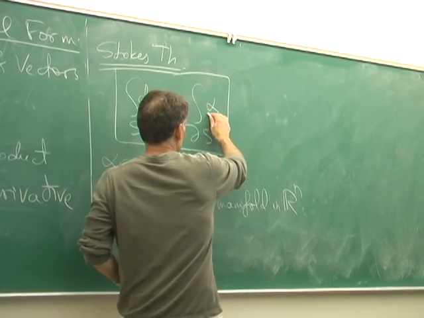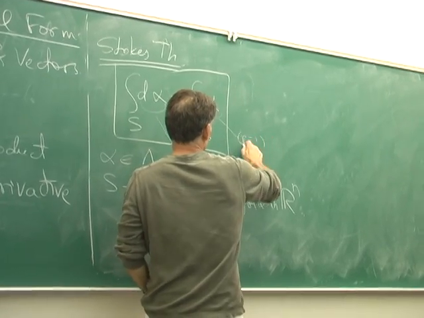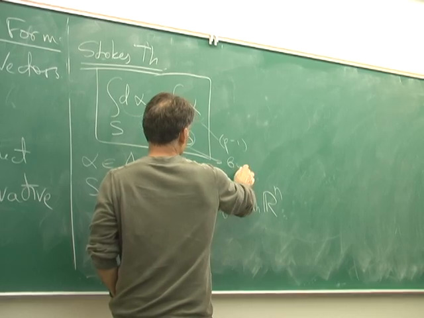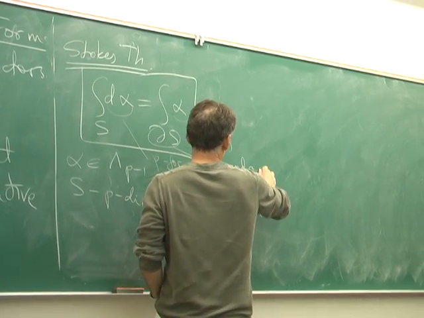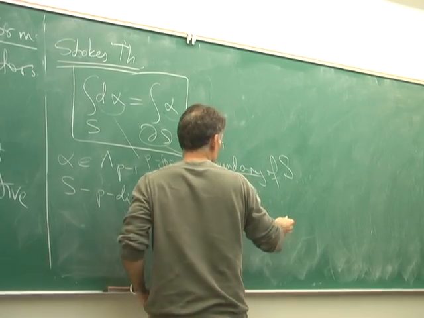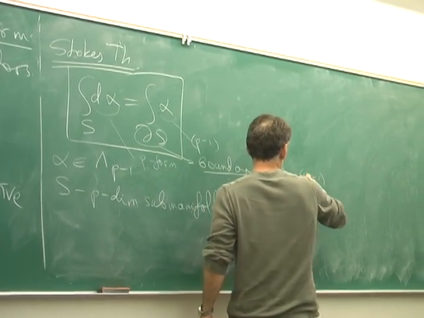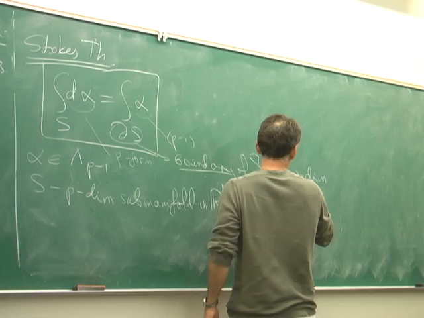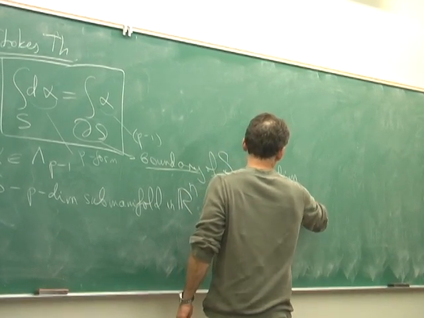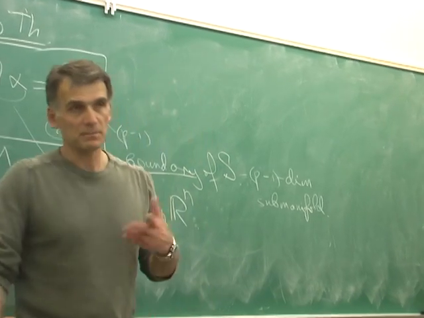This is the lower-degree form, and that is the boundary of S, which is of course a submanifold of one dimension lower. Well, it doesn't have to be a submanifold. Let's say a piecewise submanifold.